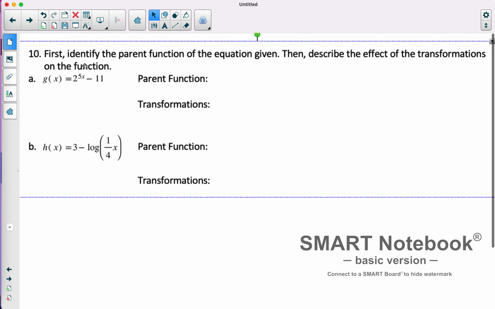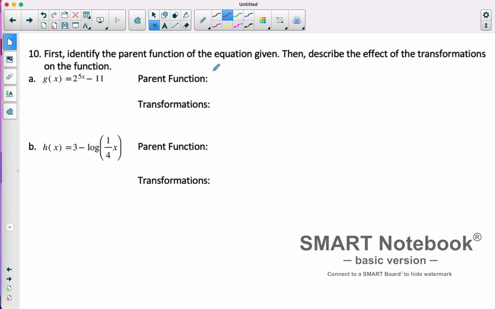So we think about some parent functions in this next one. We have 2 to the 5x minus 11. 2 to the x power is our parent function. We have a base to some x power. That's an exponential function. The x values are being multiplied by a constant, so it's a horizontal stretch or shrink.